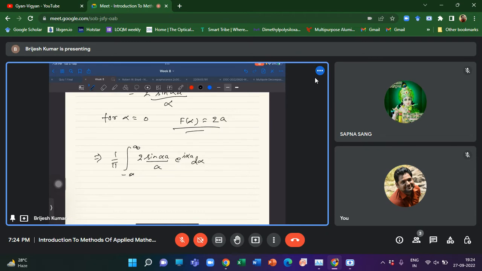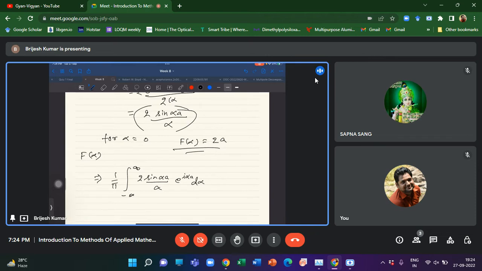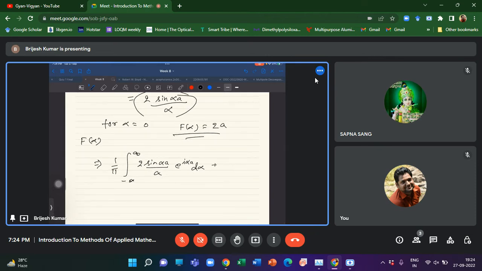Because we know that from the inverse transform, this will be our f of x. So we can write this, plus i upon pi integration minus infinity to infinity of sine alpha a upon alpha d alpha. No, this is, oh sorry, I mixed up.